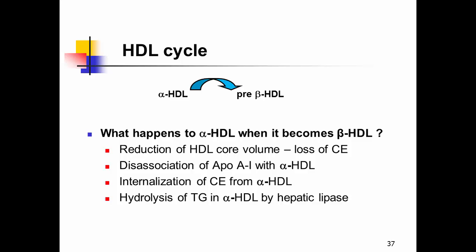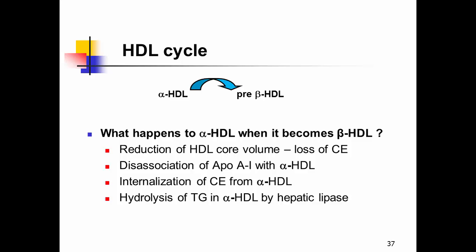So the things happening in this transition are, first of all, the reduction of HDL core volume, which means the loss of the cholesterol esters, right? Basically picked up by the liver. And the second thing is the dissociation of ApoA1 from alpha HDL. So it means that ApoA1 is also lost from the alpha HDL, right? And internalization of cholesterol from alpha HDL basically by the liver, right?